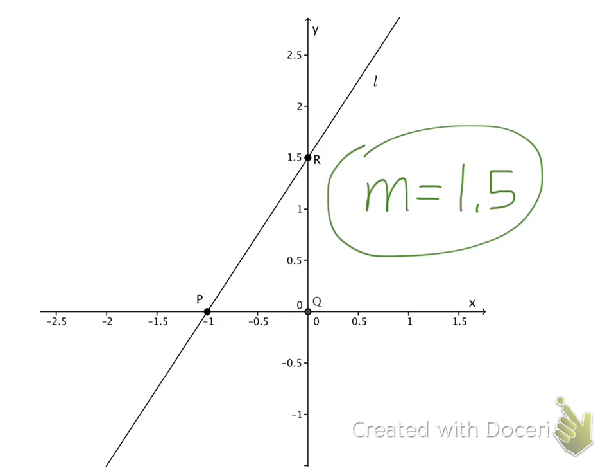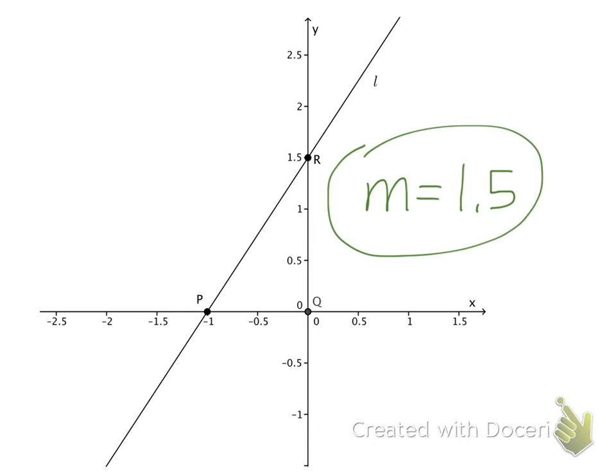Okay, so that would be the value for this slope, but we really like to express slope as a fraction, or as an integer. So if it has a decimal part like this one does, we would convert it to a fraction.